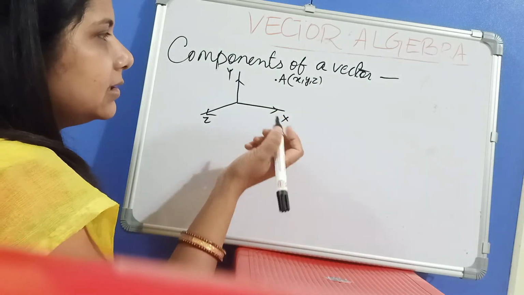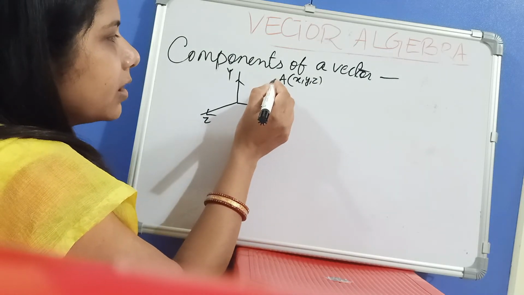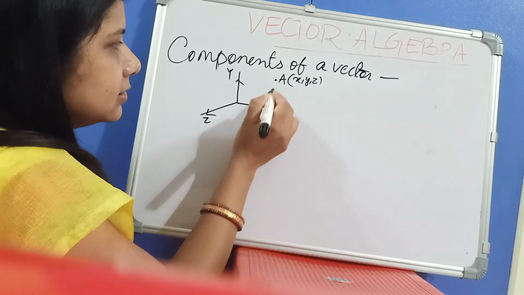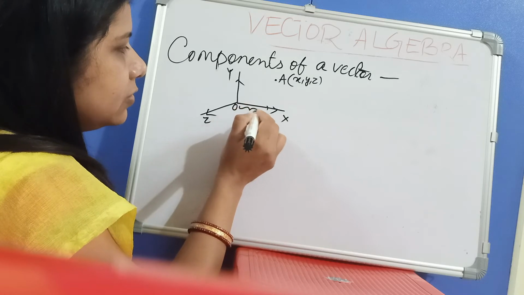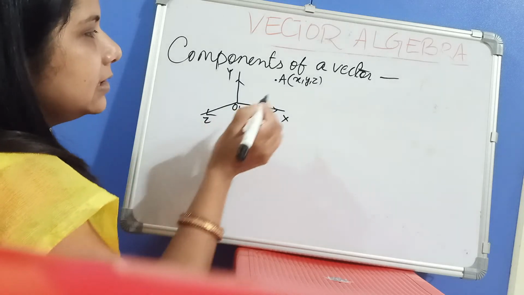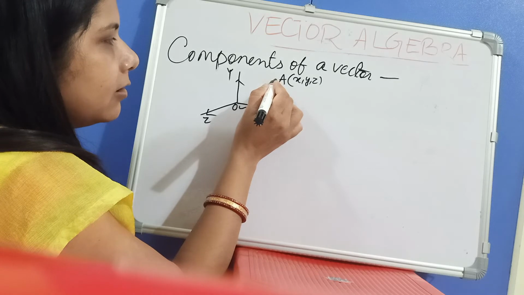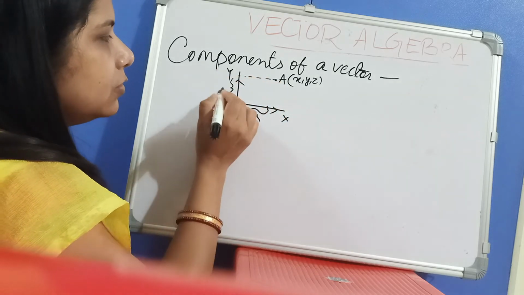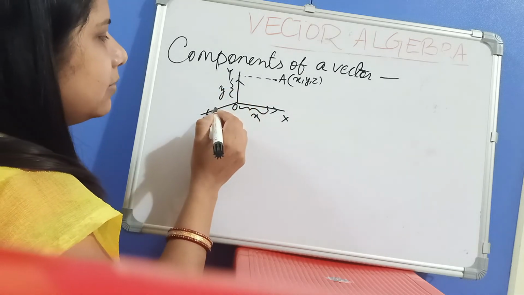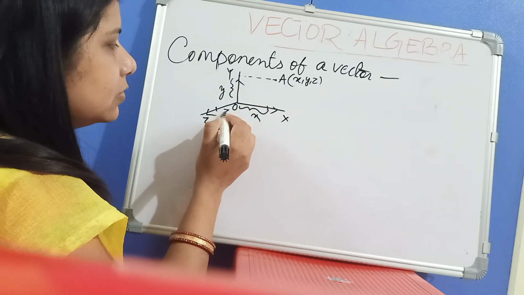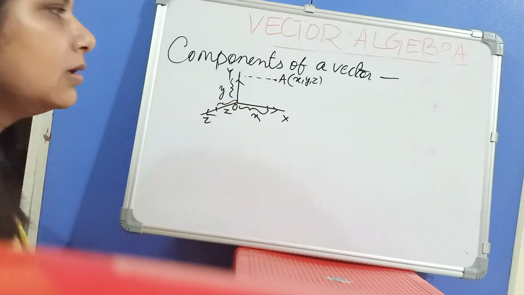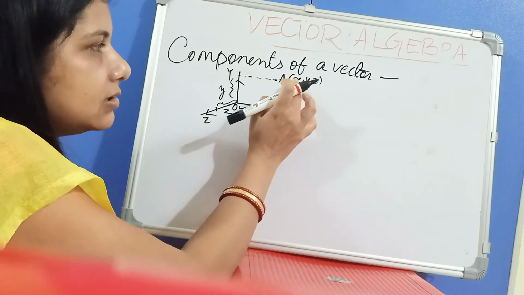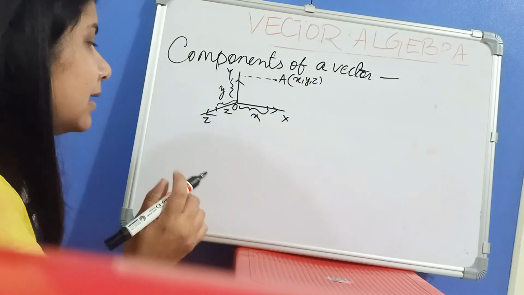If we draw a perpendicular from the point A to the x-axis, from the origin to this distance it is x. Same for y also: if we draw a perpendicular on the y-axis, from the origin to this distance it is y, and the same goes for the z-axis also. So these are x, y and z, which are the coordinates of this point A.